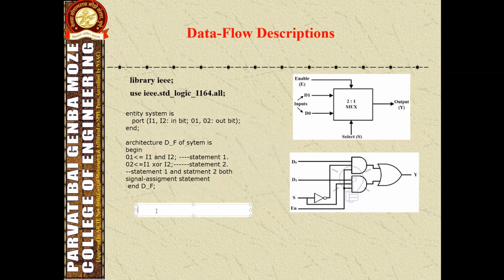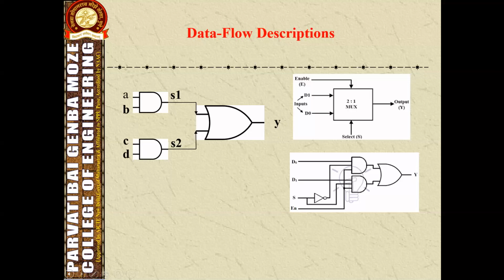Let's see how the operation takes place inside the architecture. Using this figure, let's see the operation of the AND-OR gate and how the signals are assigned. Here signals A, B, C and D are the inputs and signal Y is the output.